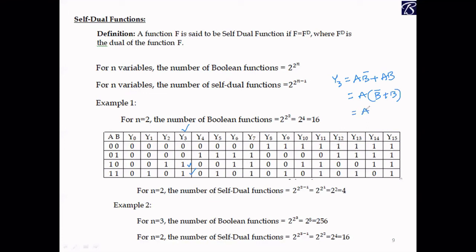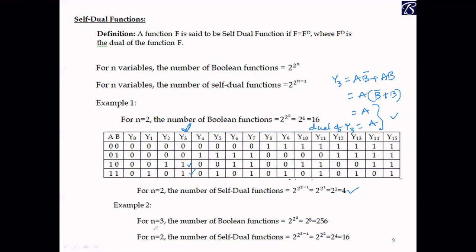So this is nothing but A. Now what is the dual of y3? There is no dot or plus, there is no 0 or 1. So A becomes A only, right? So these two are the same. That's why y3 is a self-dual function. Total 4 self-dual functions are available in this.